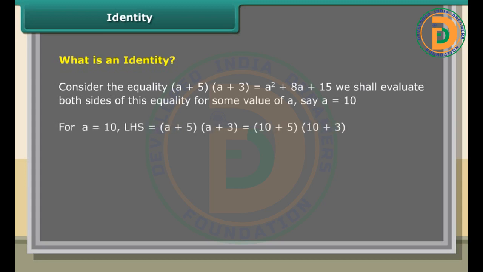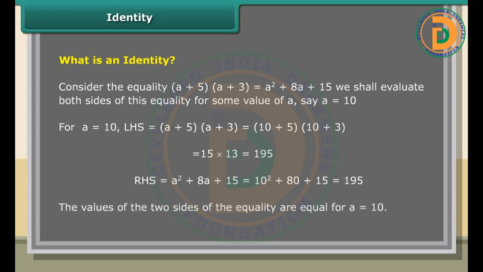For a is equal to 10, LHS is equal to (a plus 5) into (a plus 3) is equal to (10 plus 5) into (10 plus 3), which equals 15 into 13, which is equal to 195. RHS is equal to a square plus 8a plus 15, which equals 10 square plus 80 plus 15, which is equal to 195. The values of the two sides of the equality are equal for a is equal to 10.